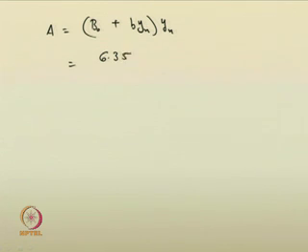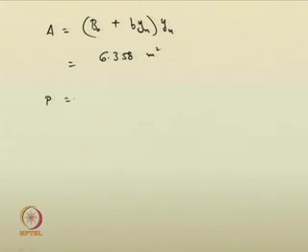What is the area A for a trapezoidal channel, you know them. Substitute the quantities, you will get 6.358 meter square.